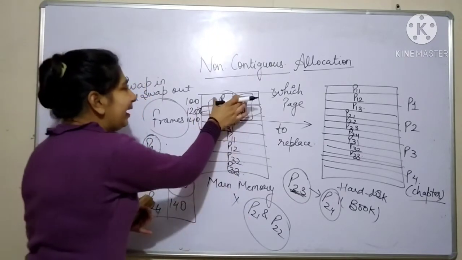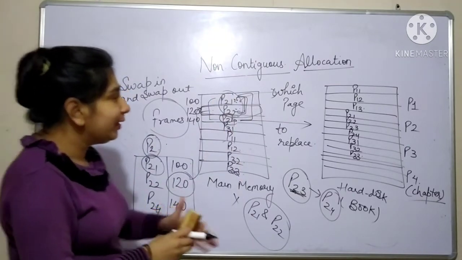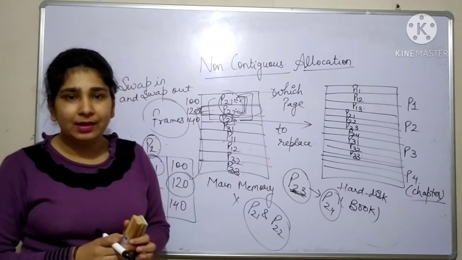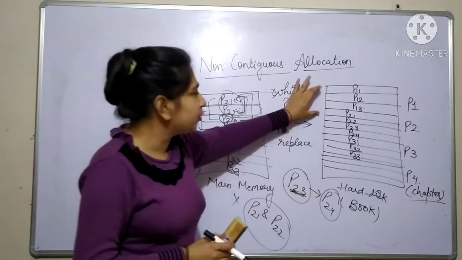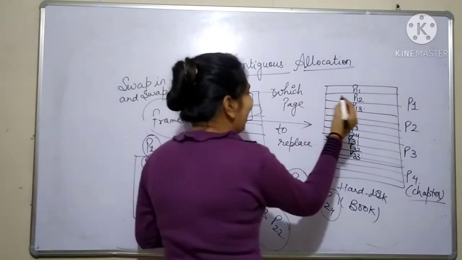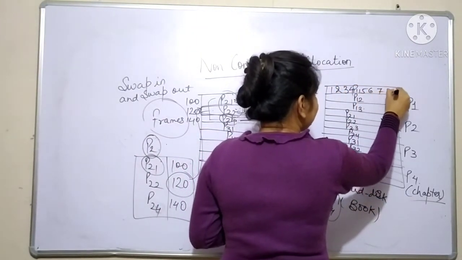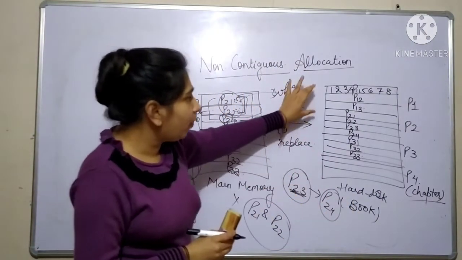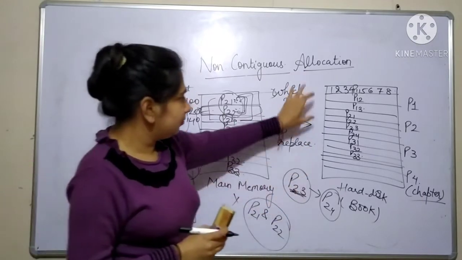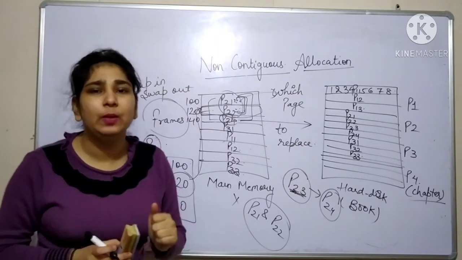Within a page we have lots of instructions. Each process is nothing but a set of instructions. I have divided the process instructions into a number of pages. Let's say I have 24 instructions present in process P1.